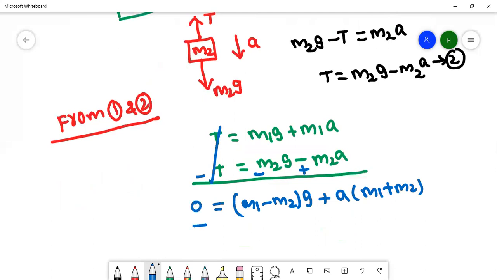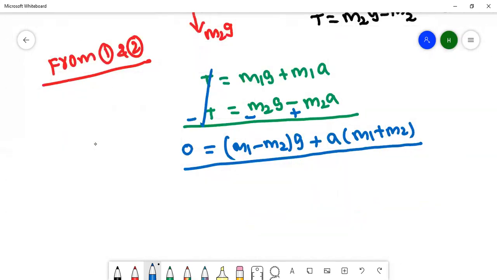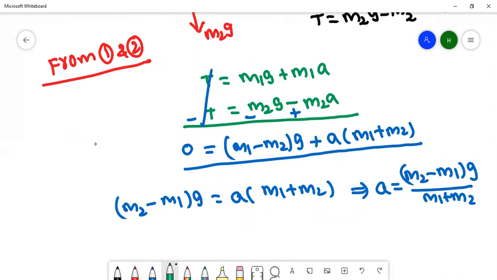So finally, M2 minus M1 into G is equal to acceleration A into M1 plus M2. So then acceleration A is equal to M2 minus M1 into G divided by M1 plus M2. This is the acceleration of the system.